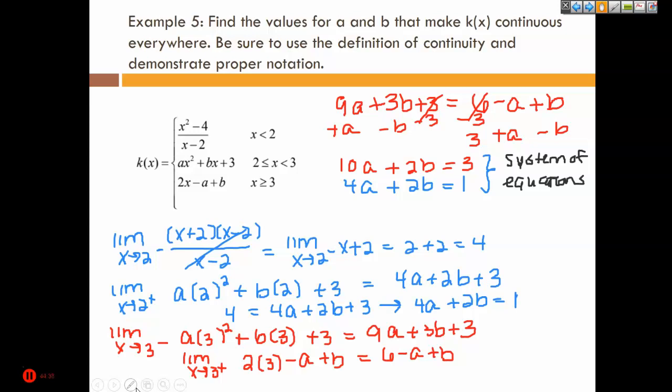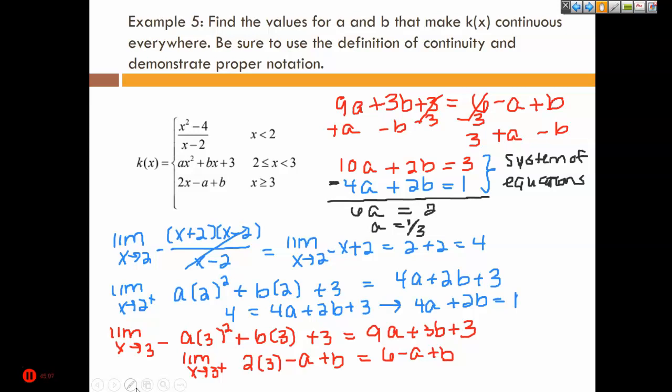So you have a system of equations where you can use elimination. So we'll subtract the blue from the red. So we get 10 minus 4, which is 6. 2 minus 2, which cancel. 3 minus 1, which is 2. So a is equal to 2/6, which is 1/3.